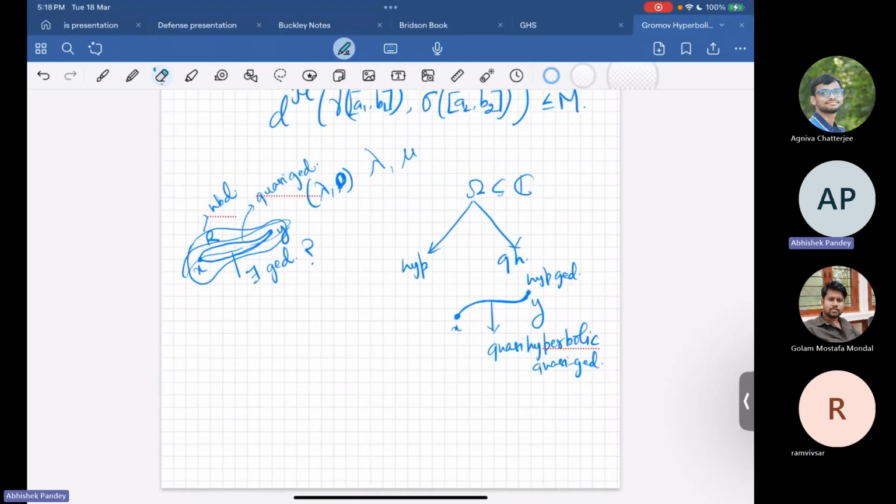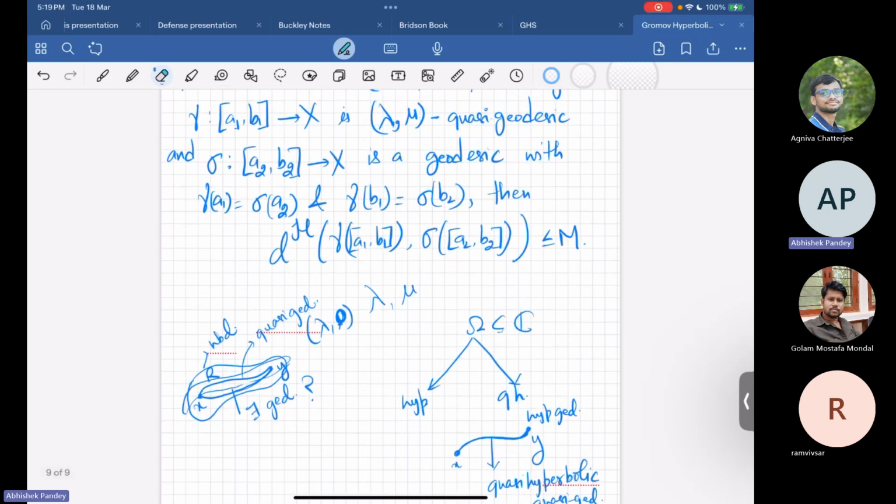Okay. So the next thing is geodesic stability, and basically the converse is also true, and that is a result by Mario Bonk. The converse says that if we take a quasi-geodesic, and there exists an M so that the geodesic will lie in that neighborhood, then the space is Gromov hyperbolic.